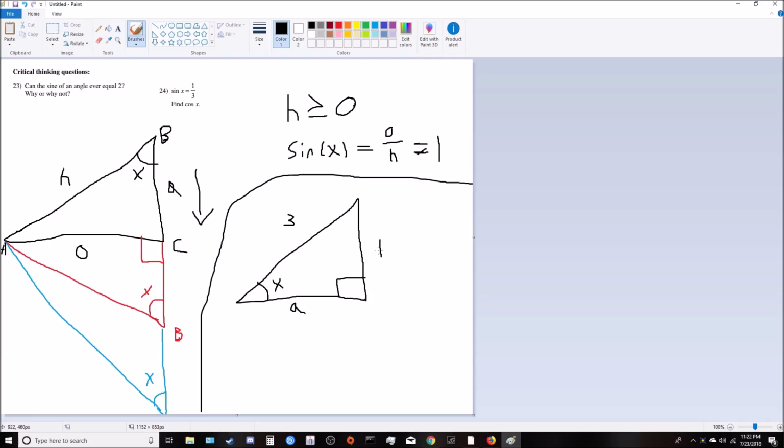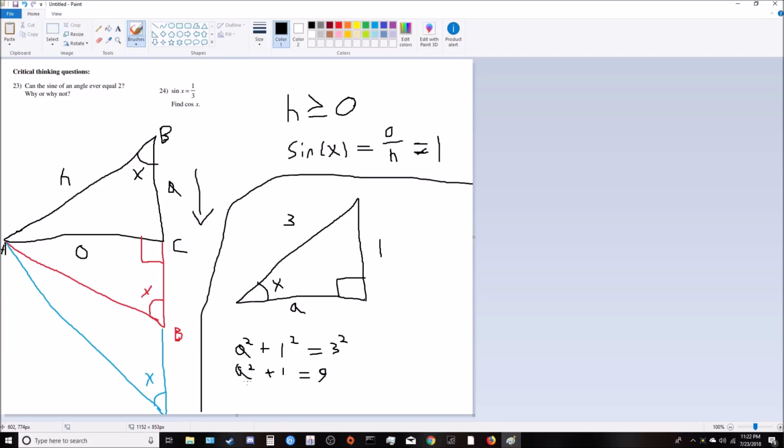And to do that, we can just use the Pythagorean theorem. So if we have a squared plus this other side squared is equal to the hypotenuse squared. So if you square all that out, you get a squared plus 1 equals 9.